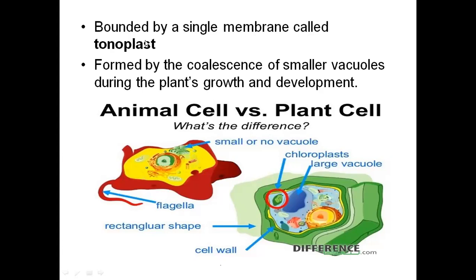Now, you can be asked a question: how is the large central vacuole in plants formed? Let me write the question for you on the board so that it becomes easy for you to understand. So you note down the question, then we'll come back to the presentation.